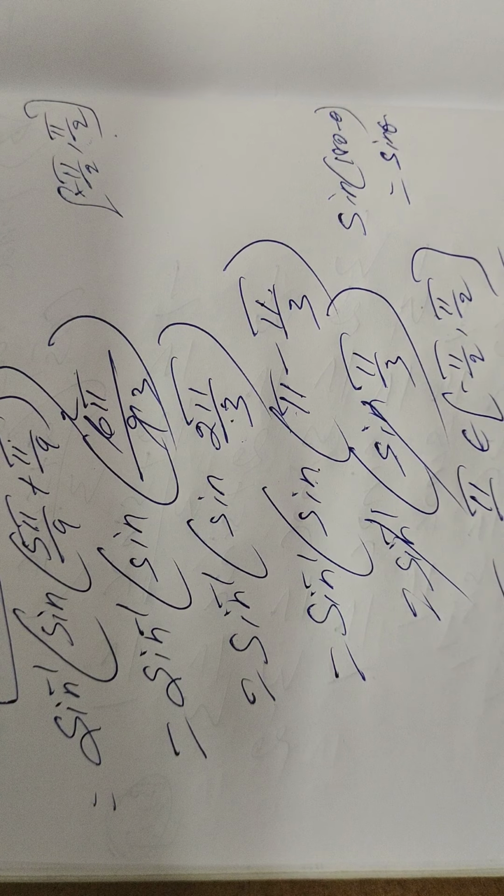So here 17 pi plus 7 pi, add it, 17 plus 7 is 24. So it is 24 pi by 119.